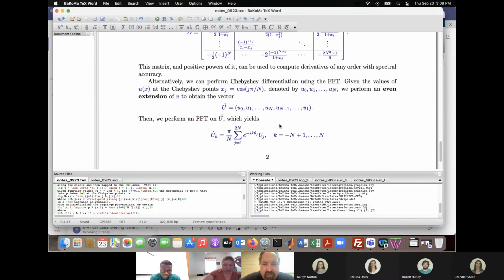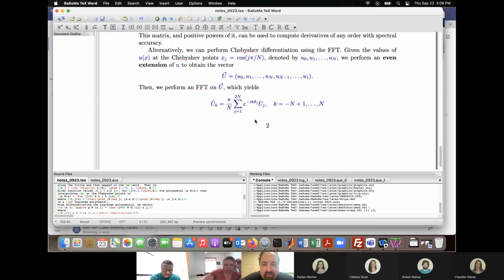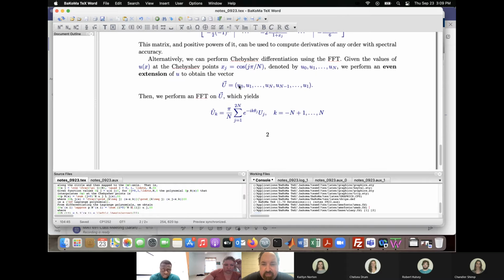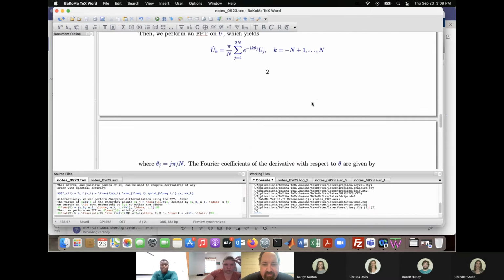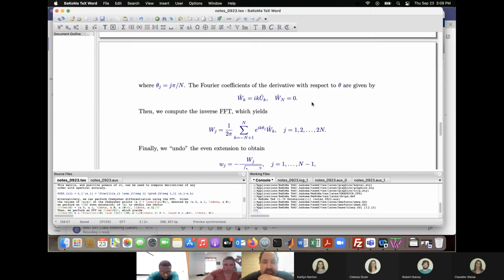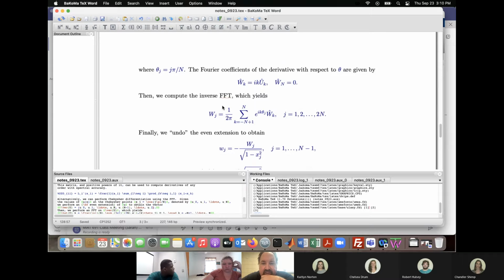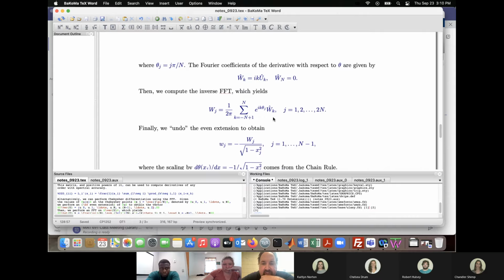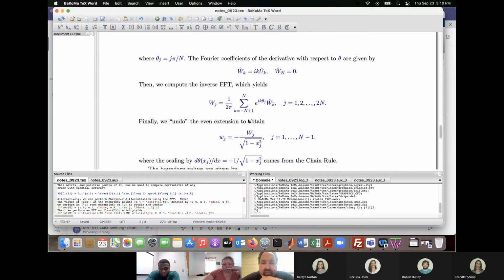So when you take a fast Fourier transform of that using 2n total points, because we have 2n total points here, then you can take its derivative, like you normally would for a Fourier series, and then take the inverse fast Fourier transform, and now you have a derivative, and then you basically undo the even extension. So that's what this formula is.